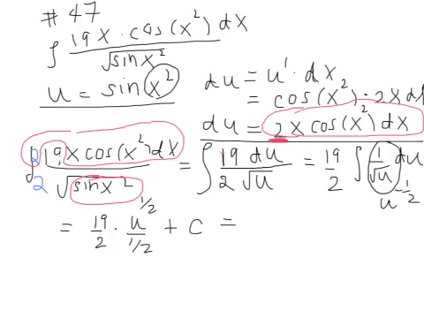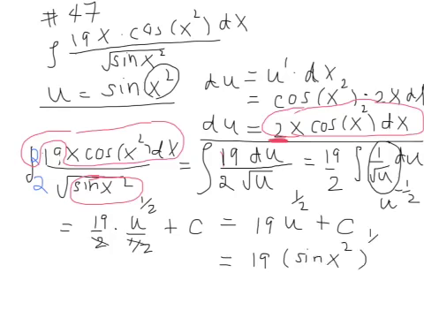So there, the 1/2 and 1/2 cancel out, the 1/2 and 2 cancel out, and you got 19 u to the 1/2 plus c. But your u is sine of x squared. So there's your final answer right here.